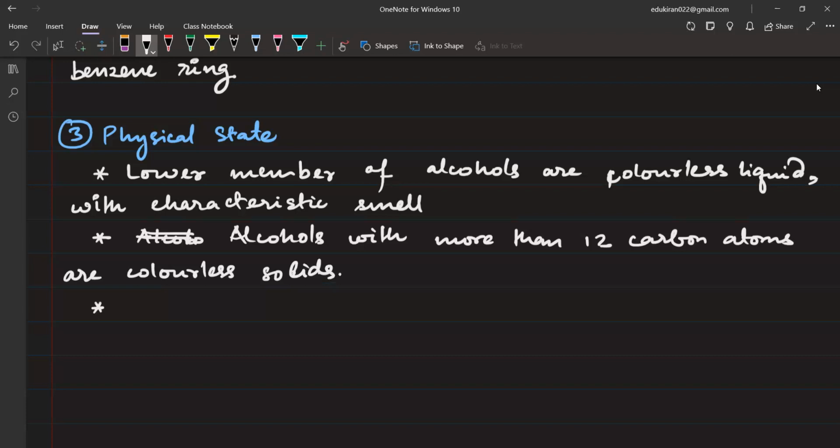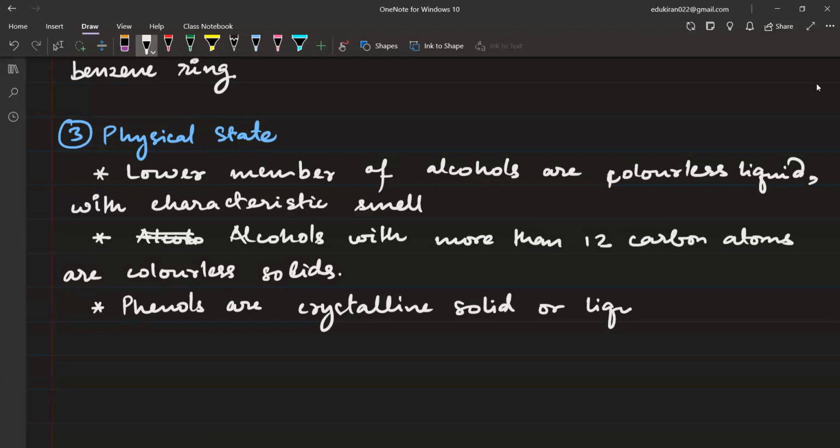Next point. Phenols are crystalline solid or liquid, and have phenolic smell.